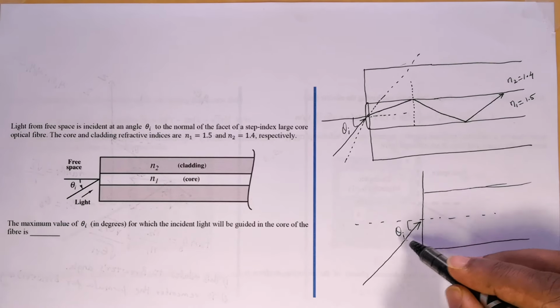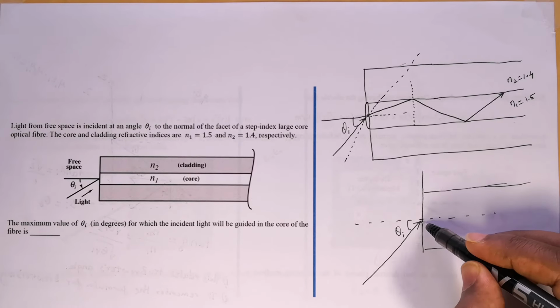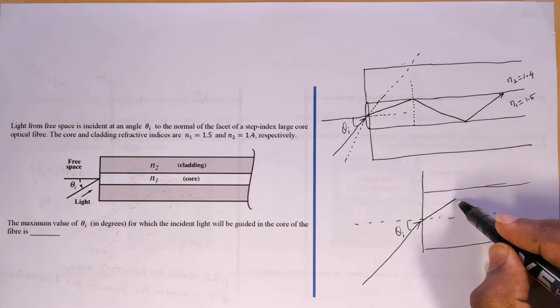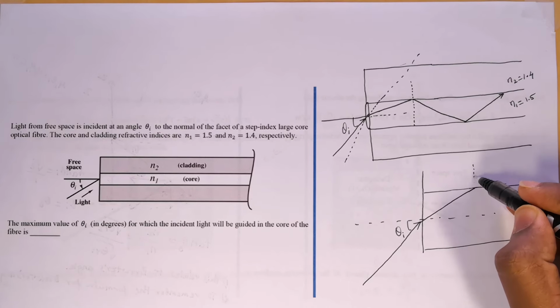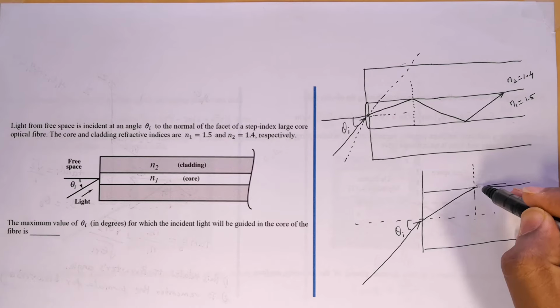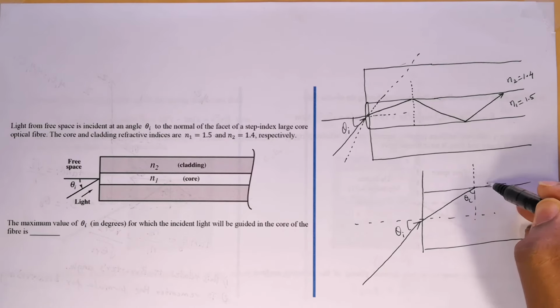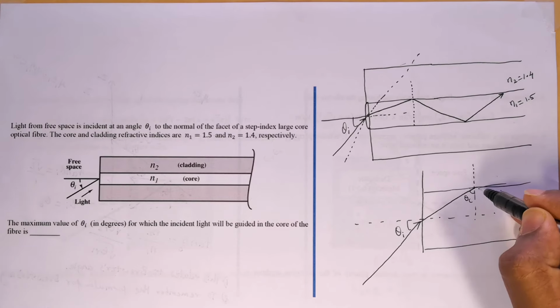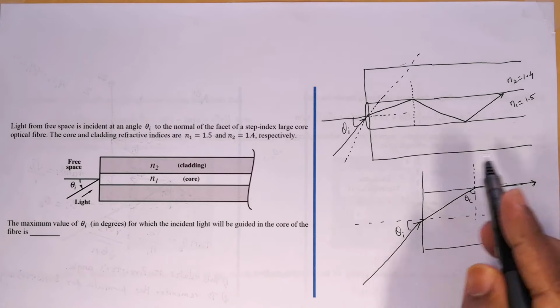For the maximum incident angle which is guided, the angle at which it is refracted has to be the critical angle. At the critical angle, the light in the second medium is grazing the surface between these two, so the light will go at 90 degrees. So this is the formulation.